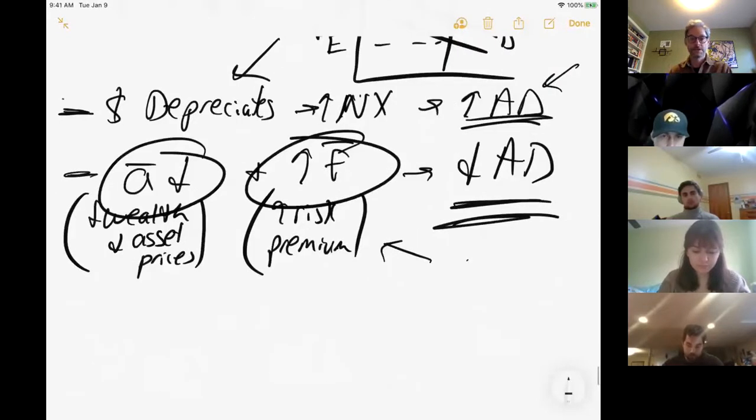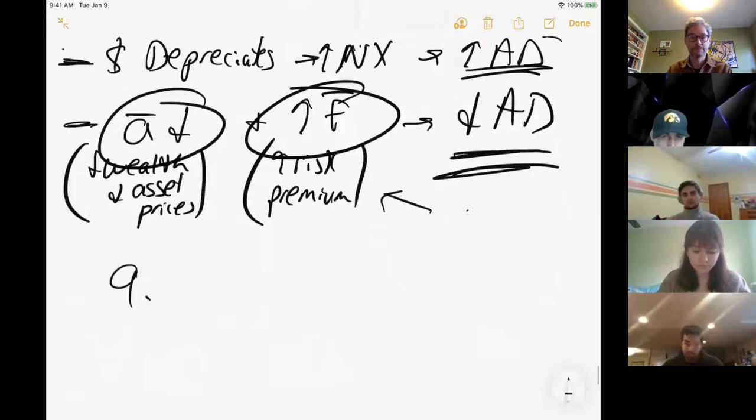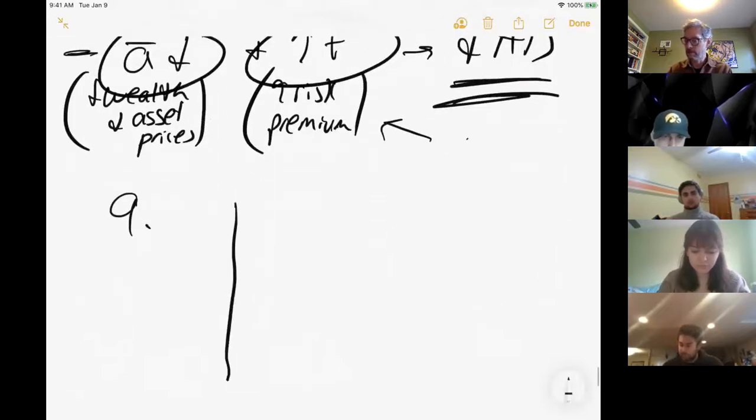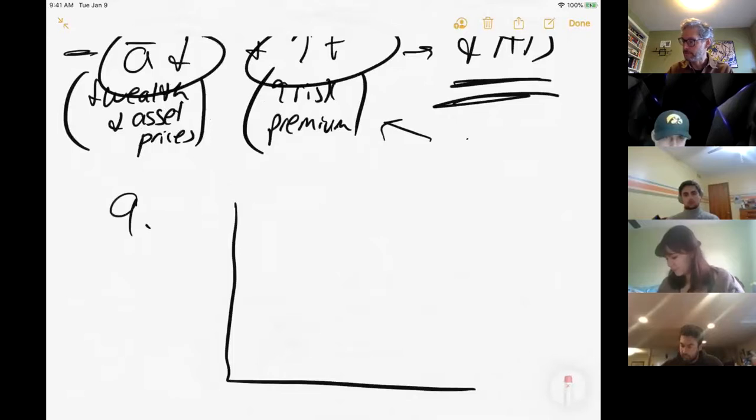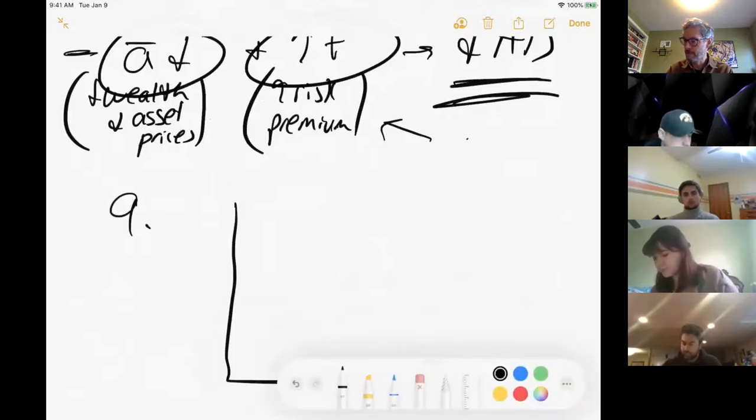And then finally, question number 9: what happens when we include net exports and real exchange rates in our model? As we talked about in class, this one was really right out of our notes. What happens to the IS curve?